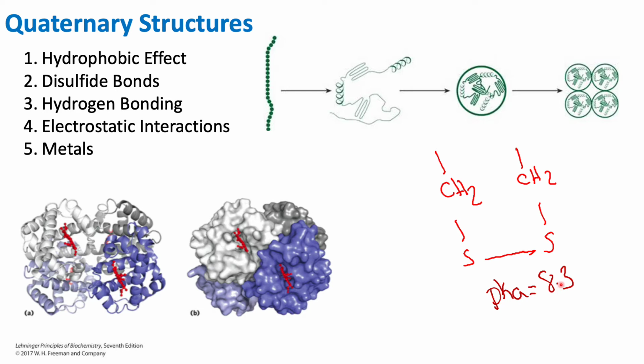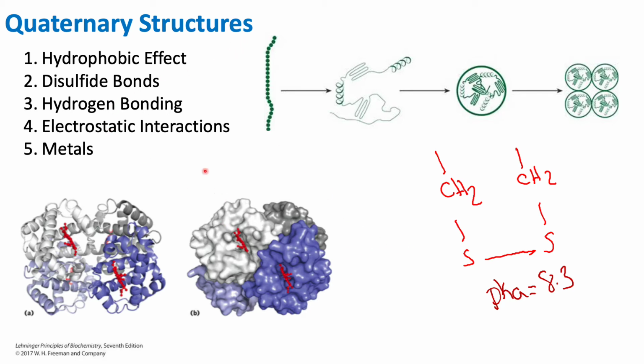But if the pH falls below 8.3, then our sulfurs will be protonated and we will not be able to form this disulfide bond. And this is very important because if, for example, our quaternary structure has a disulfide bond, at low pH values, that disulfide bond will be disrupted, which will overall impact and disrupt our quaternary structure.